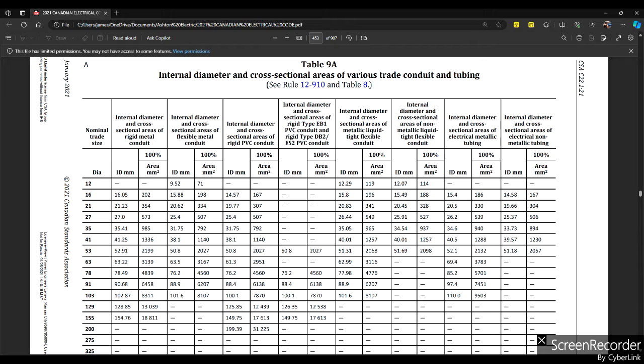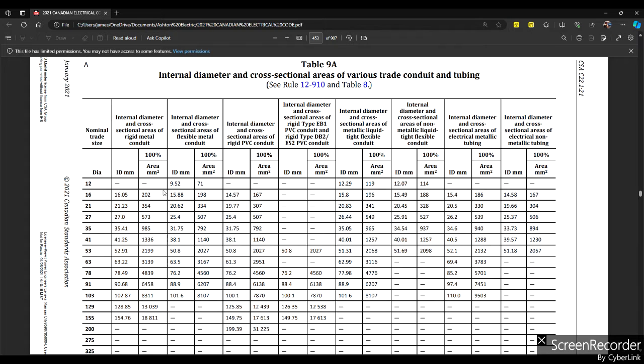We have one for flexible metal conduit, rigid PVC, different types in here. DB2 ducting is pretty common for underground installations. Liquid tight metallic, liquid tight flexible, and then EMT, and then non-metallic tubing.